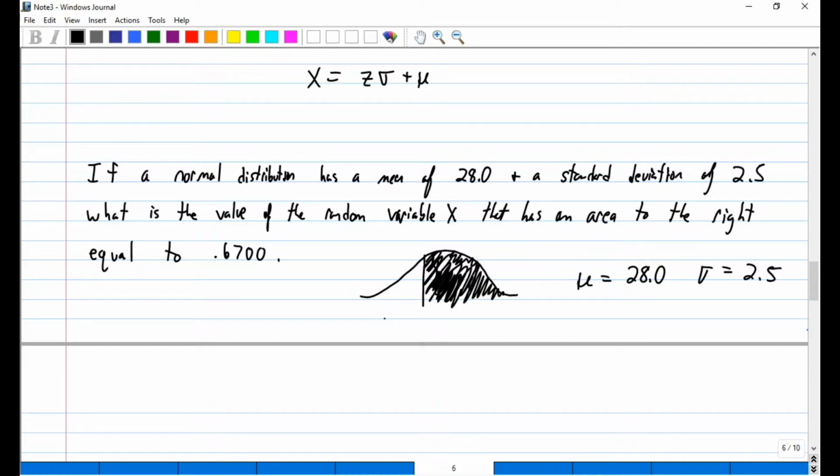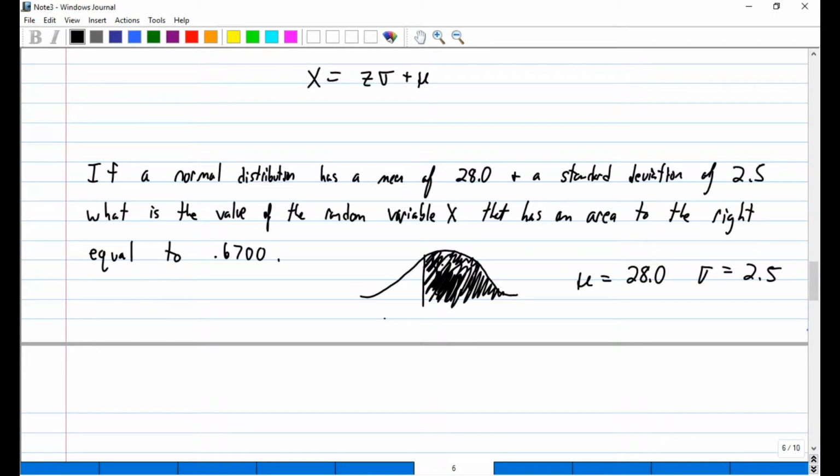So what's the last thing we need to find x? We need the z-score. This problem does not give us a z-score. It does give us an area. The way our tables work, if we look up a z-score, it will give us the area cumulative from left to right.